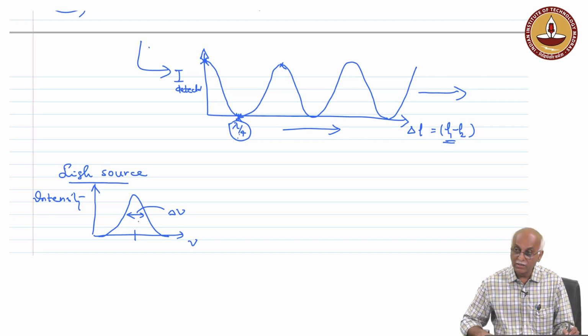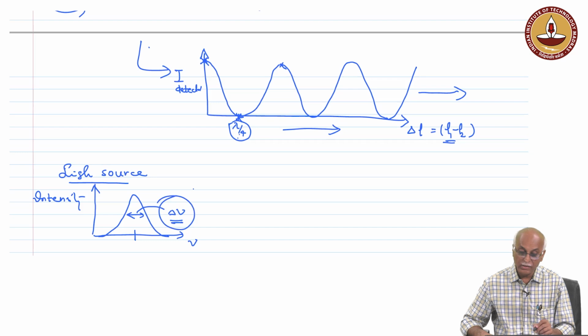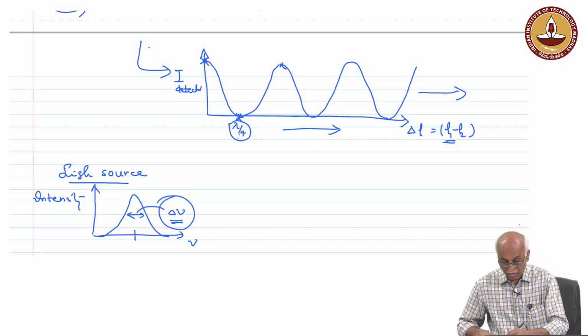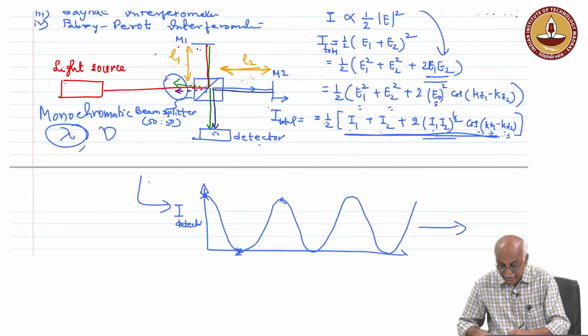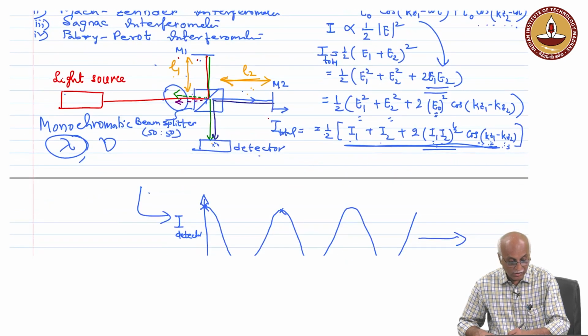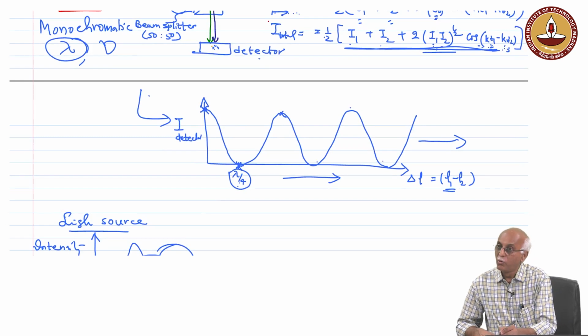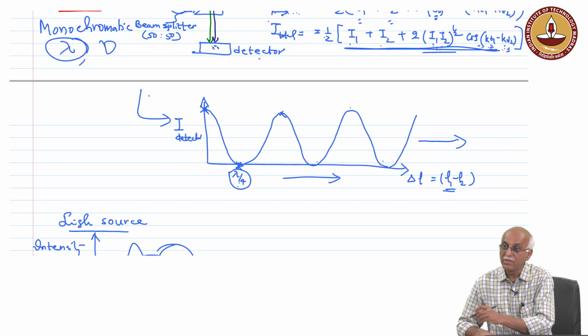So, when the light source has such a spectral bandwidth, do we observe this as I keep moving, let us say in the Michelson interferometer, one of these mirrors continuously? Do we observe continuously maxima and minima for an infinite distance?